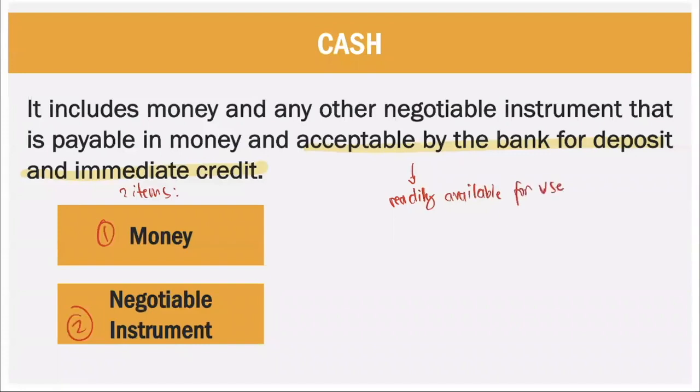So what do we mean by readily available for use? When we talk about cash that is readily available for use, we look at whether it is restricted or unrestricted. If it's restricted, of course, it is not readily available. When we say restricted, you cannot make use of it. Therefore, it is not readily available. How about if it's unrestricted? When can we say it is readily available for use?